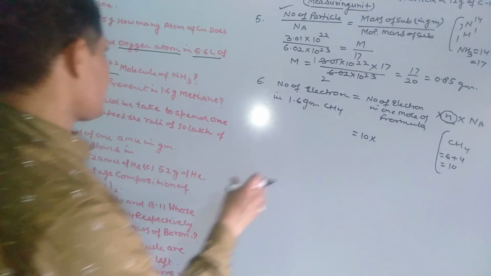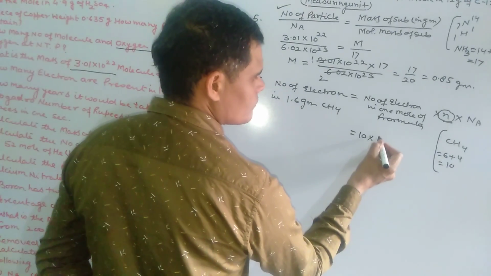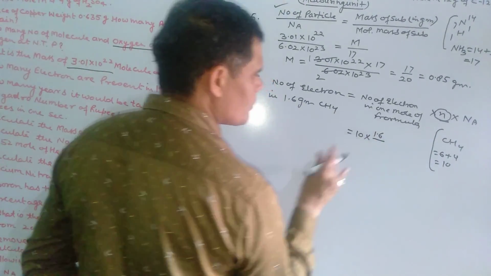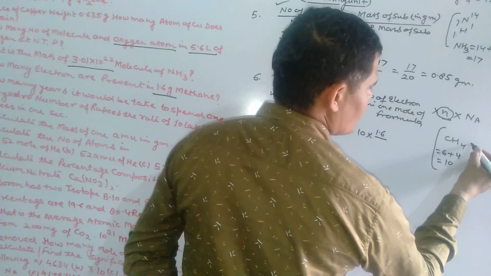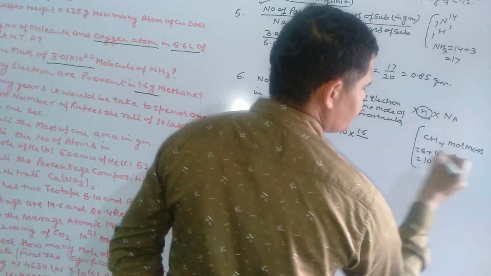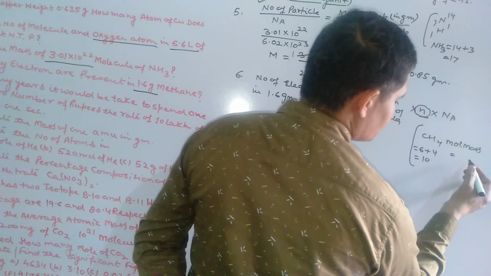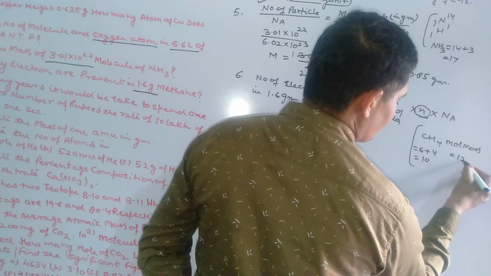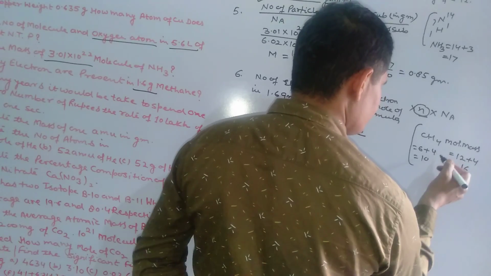Number of moles can be calculated as mass of substance in gram, 1.6, upon molecular mass of methane. Molecular mass will be 6C12, 12 plus 4 means 16.